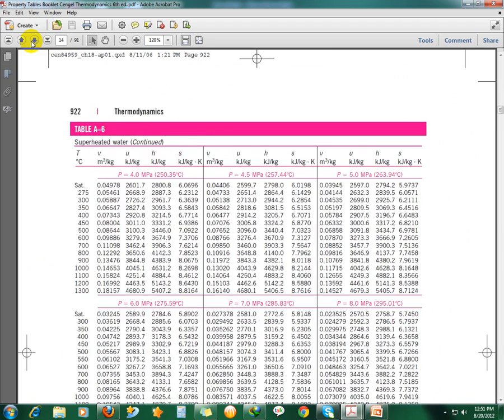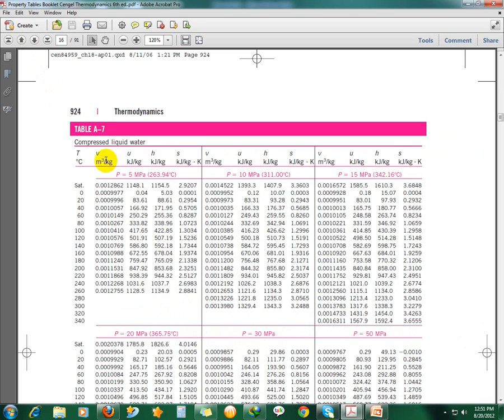The compressed liquid water table starts from P equal to 5 megapascal, but our pressure is around 250 kilopascal, so it's difficult to use the compressed liquid table.